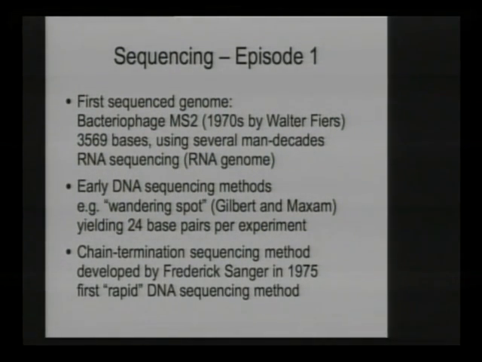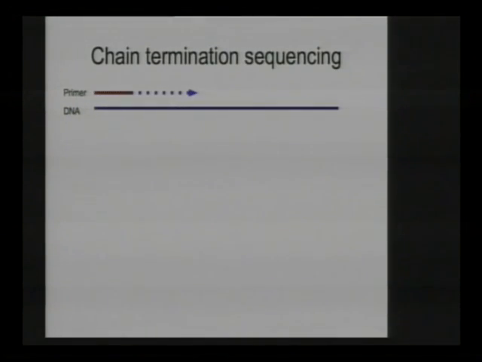And then finally, in '75, Frederick Sanger, who actually got not 1 but 2 Nobel Prizes in his life, invented a method called chain termination sequencing, which quickly became the most used method because it actually yields some tangible results.